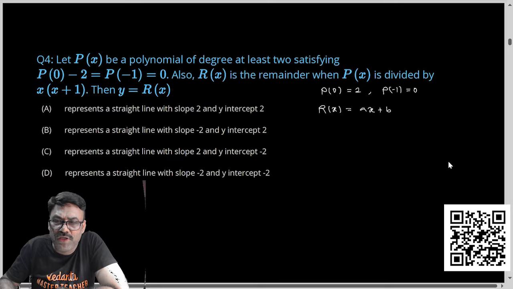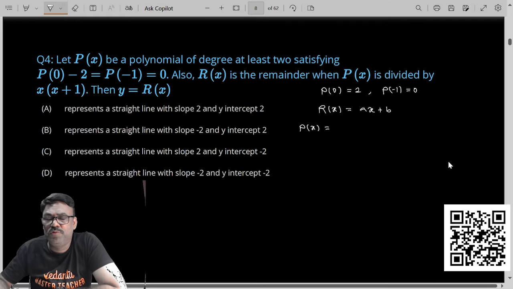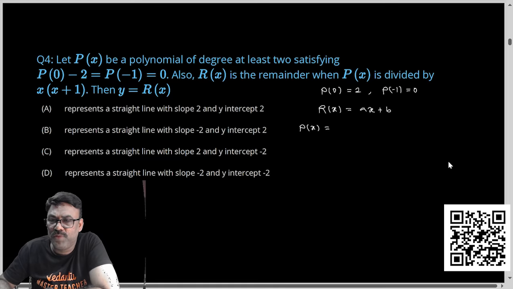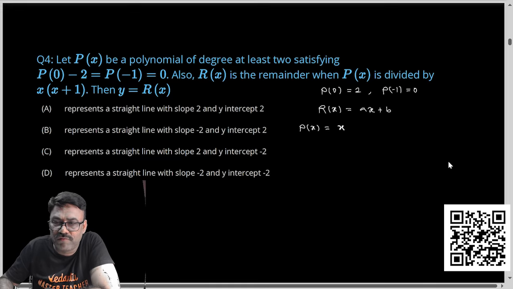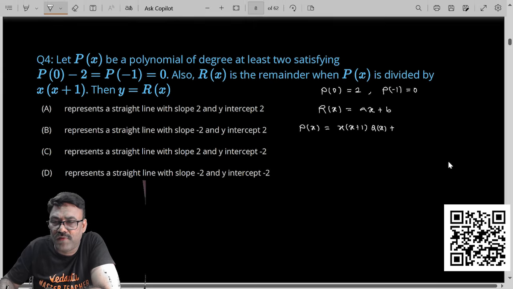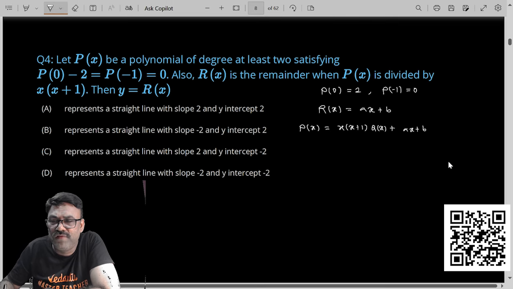Now I can write Px using dividend is equal to divisor into quotient plus remainder. So the dividend is Px, the divisor is x squared plus x plus 1, let's say Qx is the quotient and the remainder is Rx, which is ax plus b. Now let's try to find a and b.